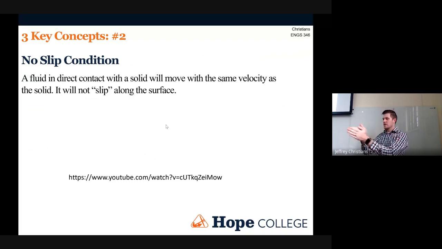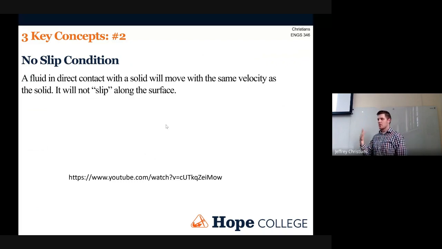It's moving along with your car. The air that's just a little ways away is moving at a different speed, right? The air that's really far away is maybe not moving at all, or moving at whatever the normal wind is. But right on that surface, we don't have slip, where that fluid slides along the surface. The velocities are exactly matched there.